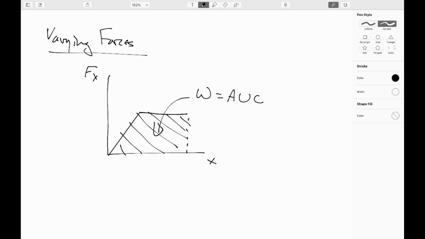So for what we're doing here, you'll always be able to do this by breaking things into triangles and rectangles and stuff like that. But if it's more complicated, then you would have to use the methods of calculus to determine it.